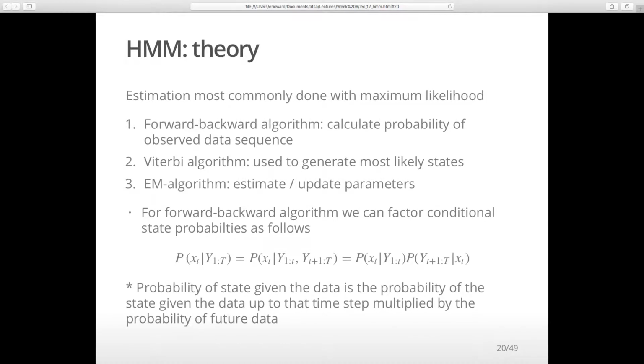As I said, given this joint likelihood, estimation is generally done in a maximum likelihood setting.